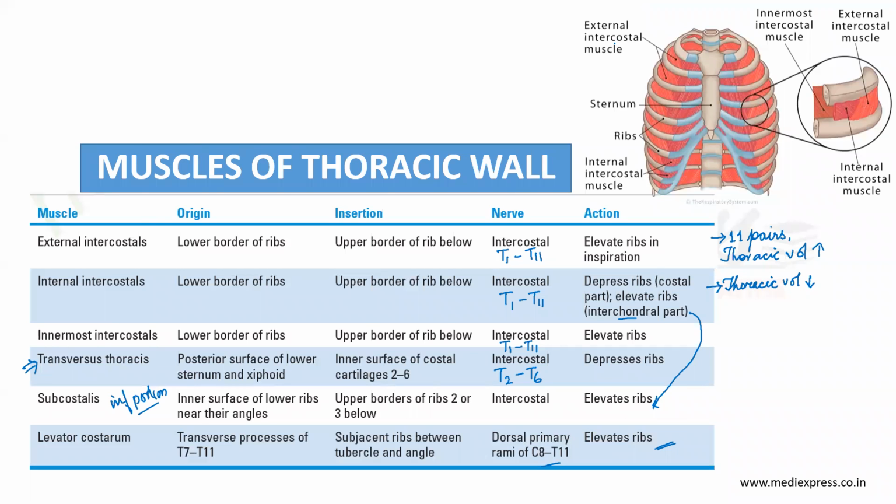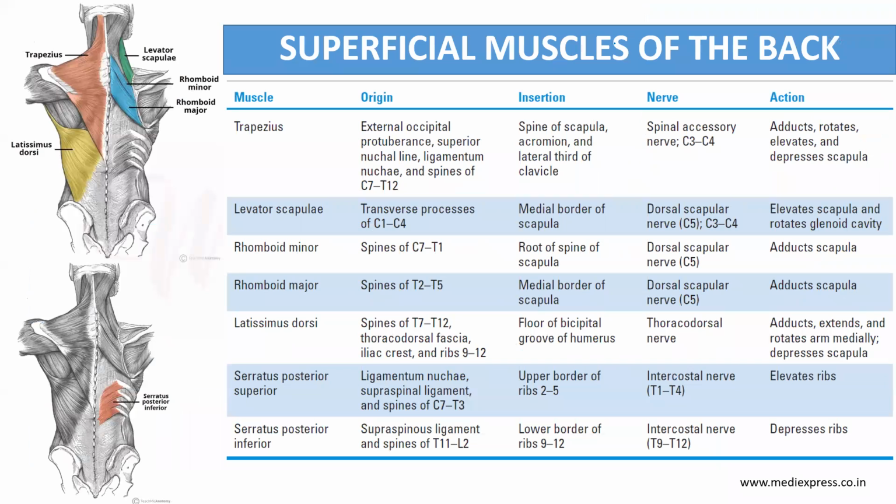So the next one which you're going to deal with is the superficial muscles of the back. Here you have to remember the muscles are trapezius, levator scapulae, rhomboid minor, rhomboid major, latissimus dorsi, serratus posterior superior, and serratus posterior inferior. Now trapezius muscle.